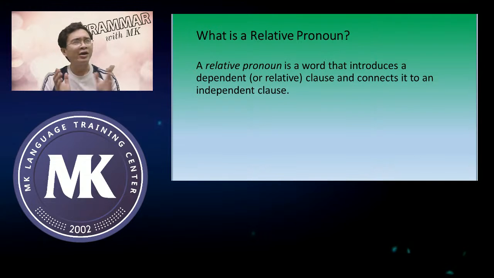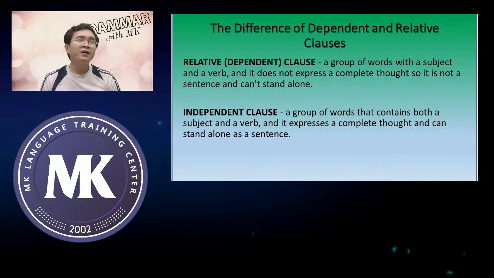But by the way, when we say dependent and independent clause, what do we mean by that? Here we can find the difference between dependent and independent clauses. A dependent clause is a group of words with a subject and a verb, and it does not express a complete thought. So it is not a sentence and it can't stand alone.